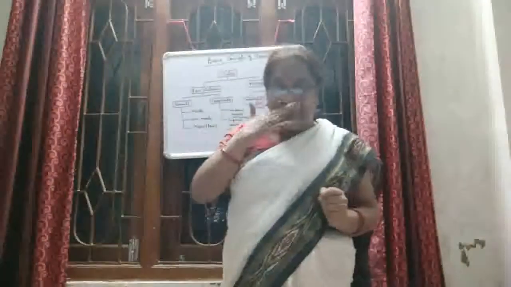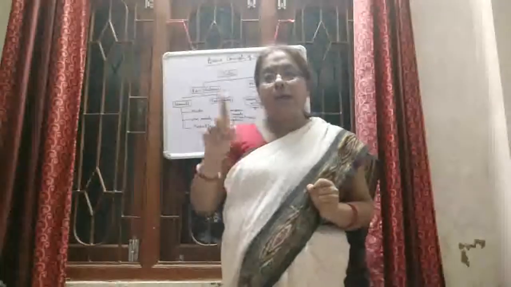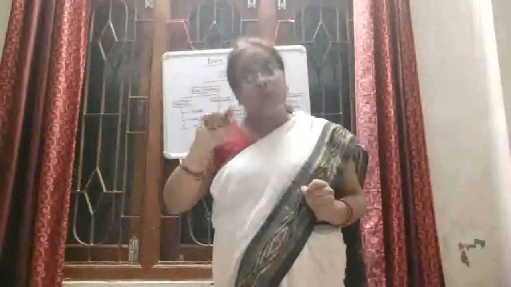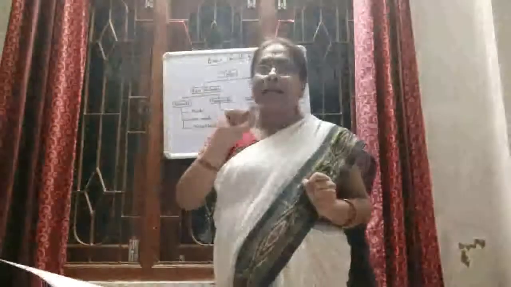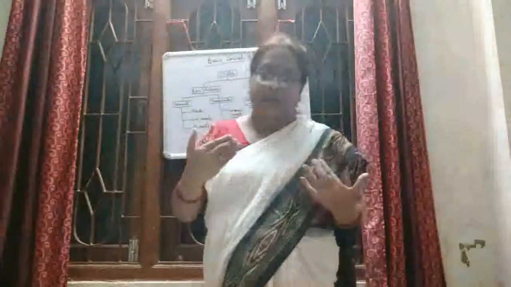Suppose 10 to the power minus 1, then it will be deci. Then 10 to the power minus 2 is centi. 10 to the power minus 3 is milli. 10 to the power minus 6 is micro. 10 to the power minus 9 is nano, in this way.